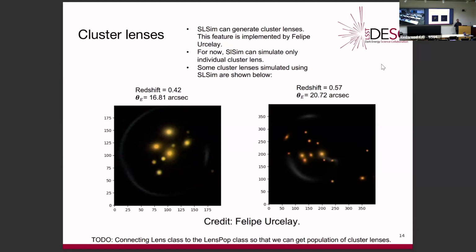You can simulate a single cluster lens if you want. The next step is we want to have a code that can actually generate a population of cluster lenses, and we are working on that. Here you can see two examples of cluster lenses that we simulated using SLSim.